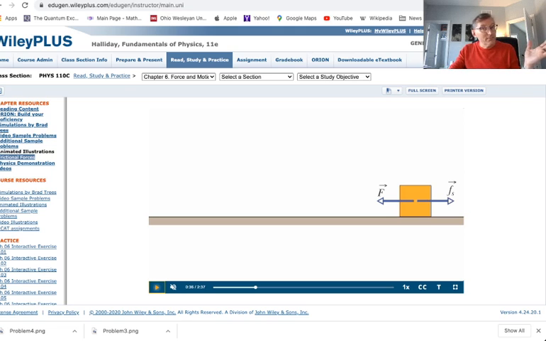Has to. If the block is staying at rest, its horizontal acceleration is 0, so its net horizontal force must equal 0. So if the applied force is to the left, there must be a force to the right that balances it, and it's static friction. So the static frictional force got bigger there, just to balance the applied force. Well, what if we make the applied force bigger still? Well, static frictional force got bigger as well, the other way. So the static frictional force is going to be as big as it needs to be to keep the block from moving.